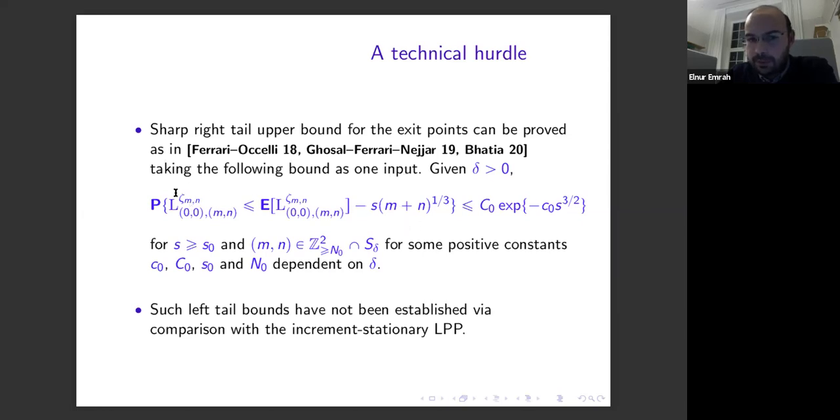So here we are looking at the left tail of the increment-stationary process with the critical parameter. And this deviation bound, so we are bounding the deviations of order s times (m+n)^(1/3). And what we need is that this goes down like e to the constant times s^(3/2). Now, this is not the true rate of decay here, so the correct rate is s^3, but this is enough to establish s^3 behavior.